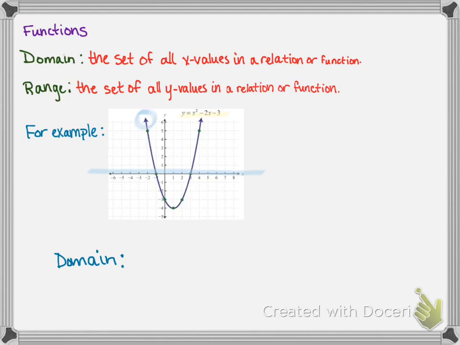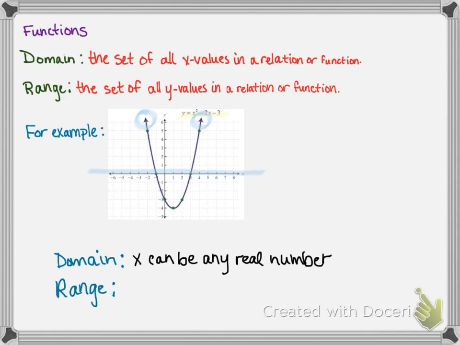These arrows indicate that the graph continues to go up and to the left and up and to the right. So the smallest x value, or the one that's most on the left, is negative infinity, whereas the largest one is going to be positive infinity because it keeps going to the right as well. In other words, we could say that the domain is any real number, or x can be any real number.